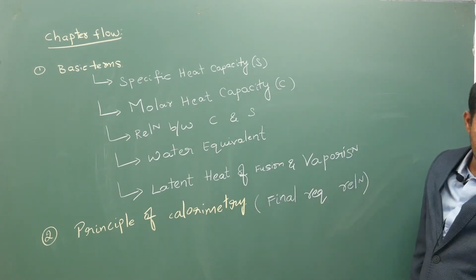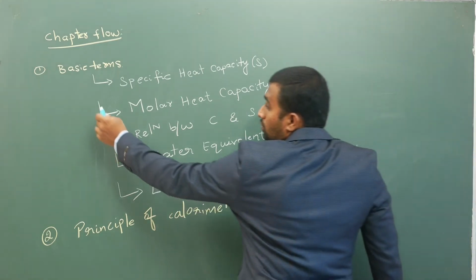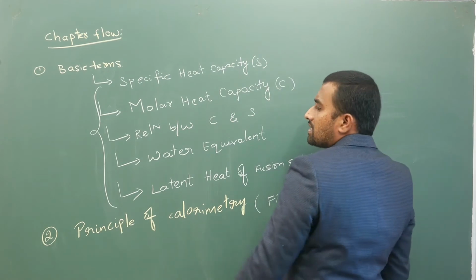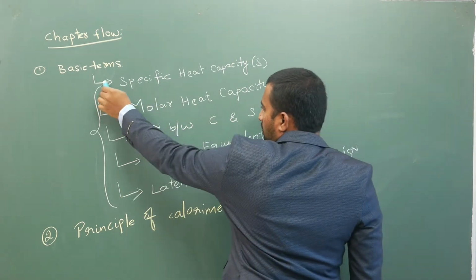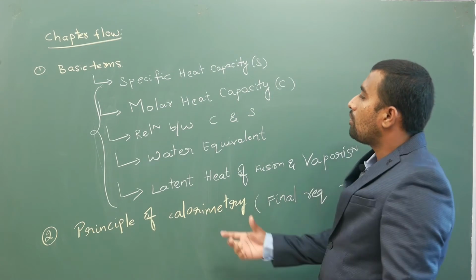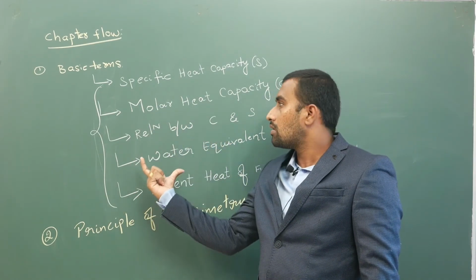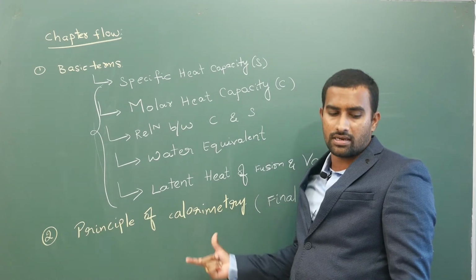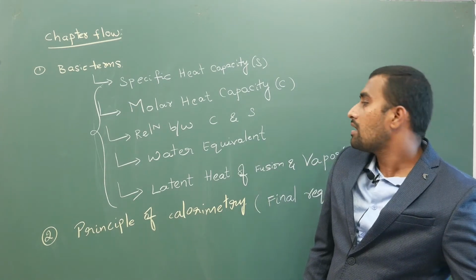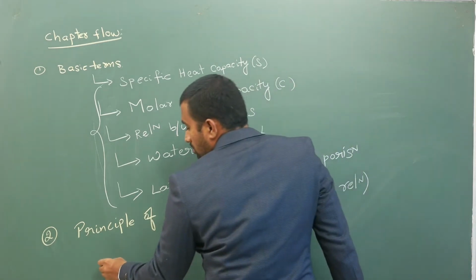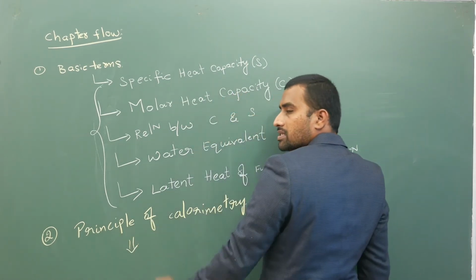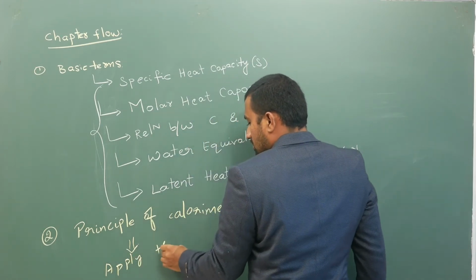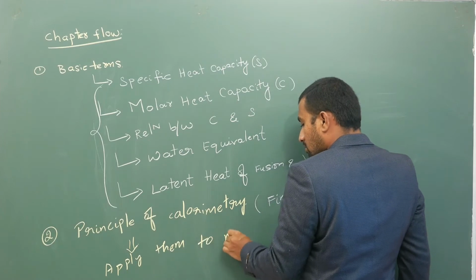Now what I am going to do is define each and every term with explanation in detail, all this part first. Then once you get to know this, using these terms we will calculate the principle of calorimetry relation, and then we will apply it to mixtures.